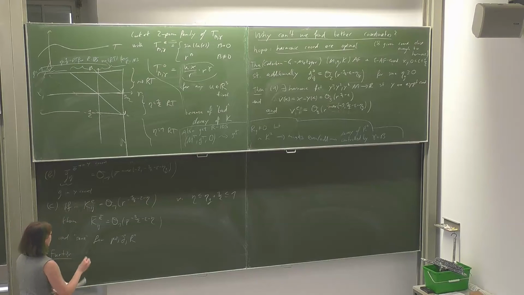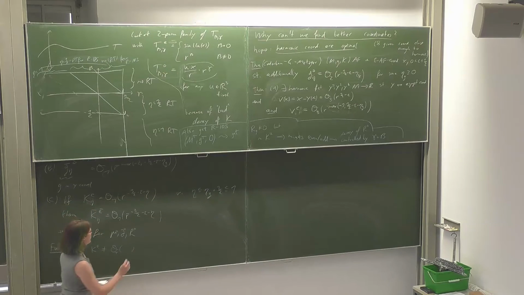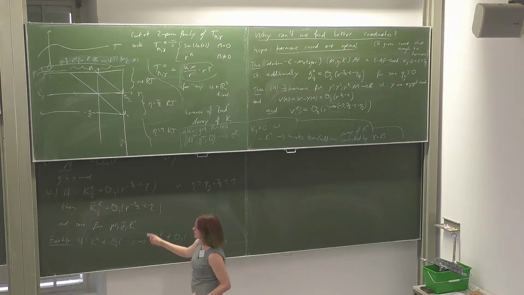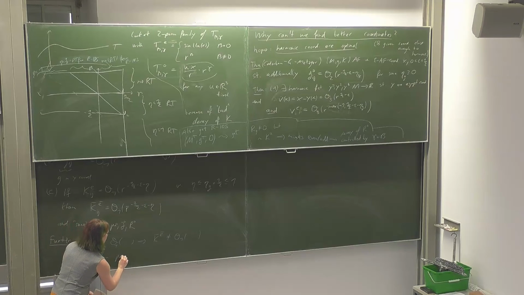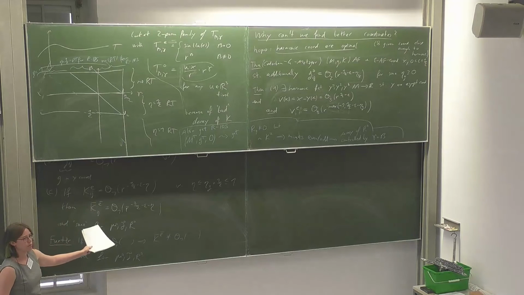If AE is not equal to O1, whatever, then also A bar, E bar will not be equal to O1 something, and same for mu. Because really we get lower order correction terms to the K.